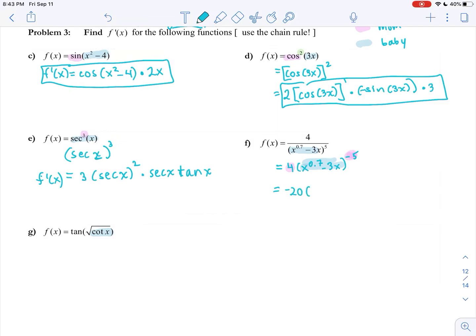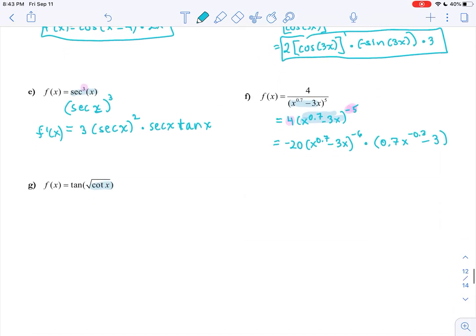So 4 times negative 5 is negative 20, x to the 0.7 minus 3x, and then minus 1 from negative 5 is negative 6. And then times the derivative of the baby function, which is 0.7 power rule, x to the negative 0.3 minus 3. And that's it. So 2 chain rule, we have mommy and baby.